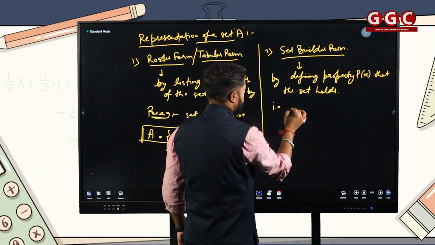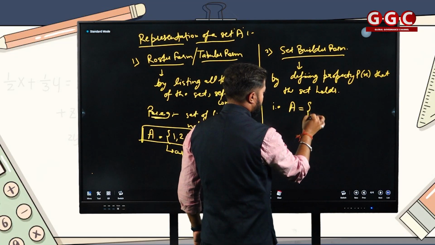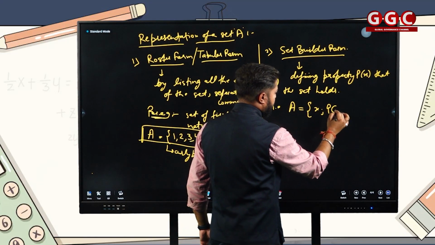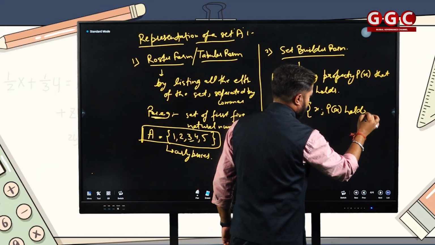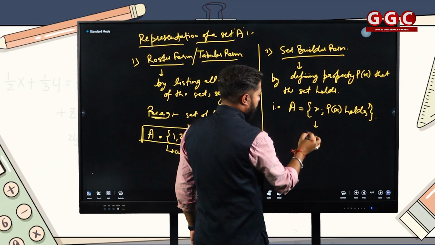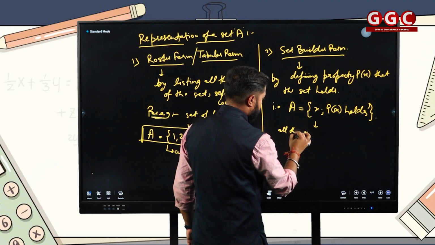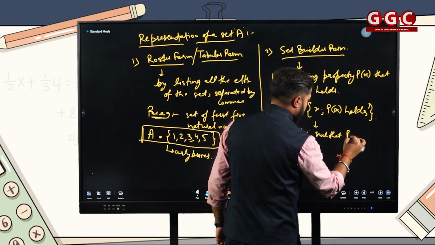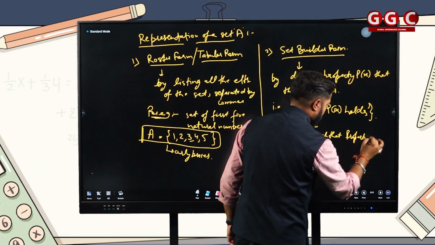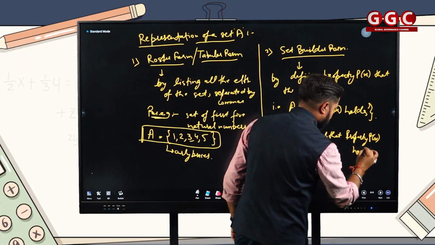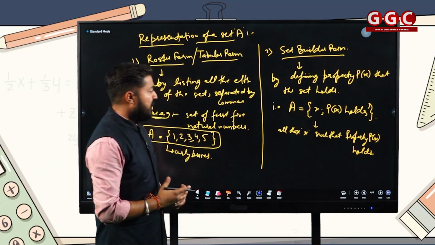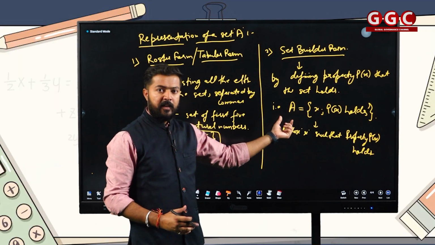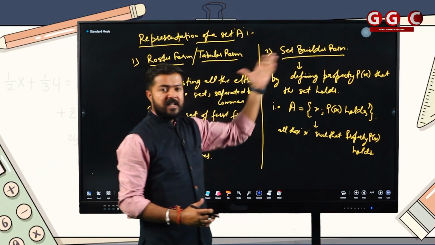Suppose the set is capital A, we write it as all those elements x such that property P(x) holds. We read it as all those x such that property P(x) holds. That means here we will write down the formula by which we are calculating the set A, and this representation will be called the set builder form.